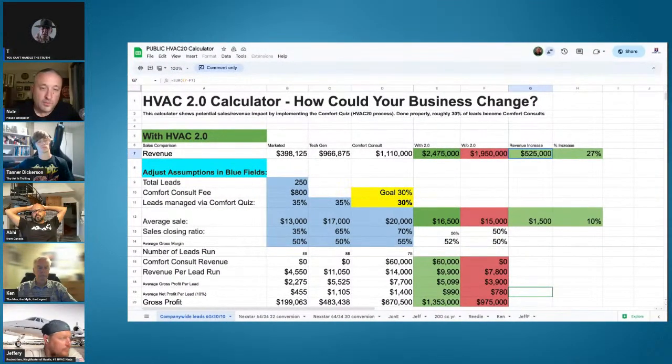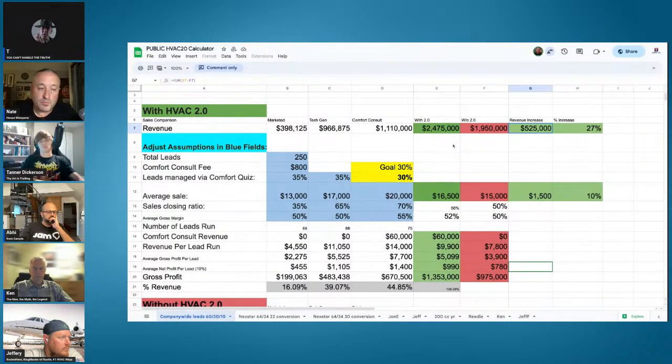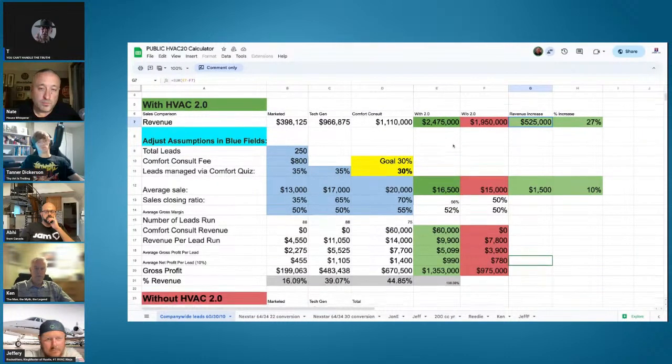So the other thing to show people on this, if you scroll down a little bit, is the bottom, all these numbers duplicate.